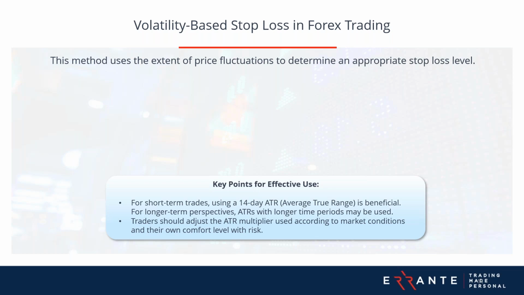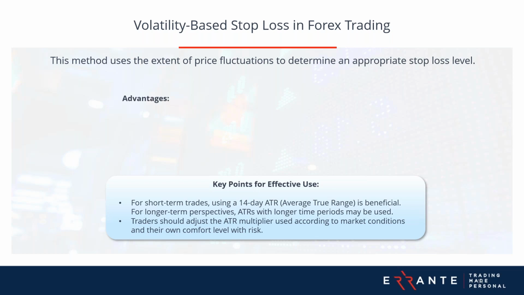And also, you can consider adjusting the ATR multiplier. Depending on market conditions and personal risk tolerance, the ATR multiplier can be adjusted. A higher multiplier might be used in more volatile markets to avoid being stopped out too early, while a lower multiplier could be suitable for less volatile conditions.